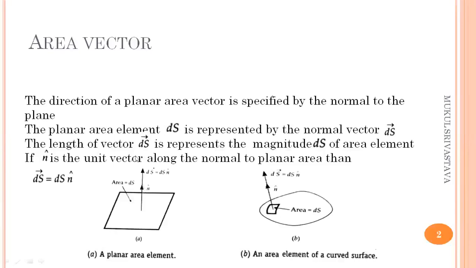Ds vector is also a normal vector to the plane. Therefore, ds vector is equal to ds n cap, and ds vector is always acting along the unit vector which is normal to the planar area.